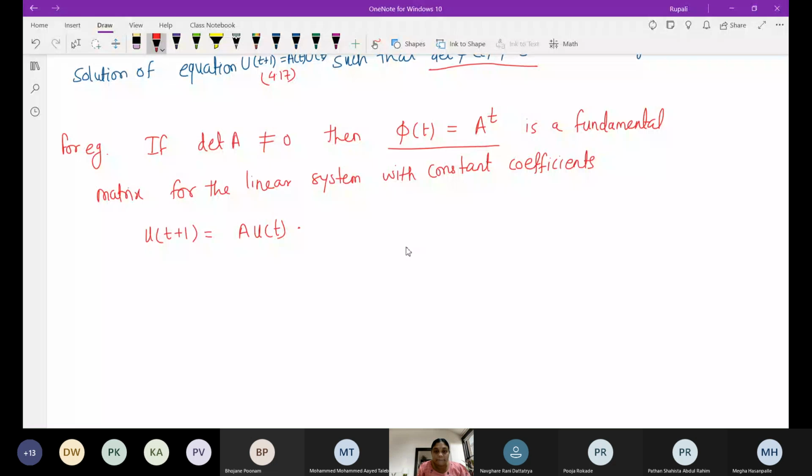Is that okay? Yes, ma'am. We have shown A raised to t is a solution, and if the determinant of A is non-zero, then that solution phi t equal to A raised to t is a fundamental matrix.